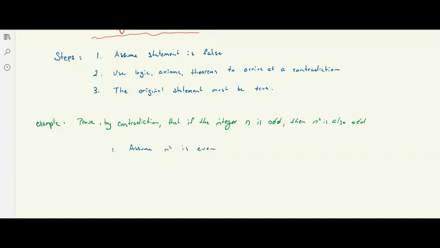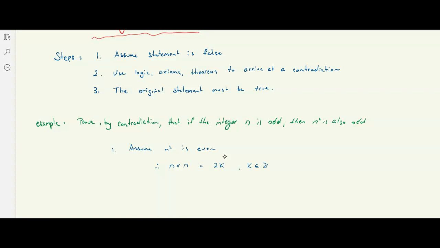Now, that's the opposite of odd, right? So assume n squared is even, therefore when n is odd, n times n is going to be even. It's going to give us some value of 2 times something, where k is an integer. So this is what happens if we assume n squared is even.